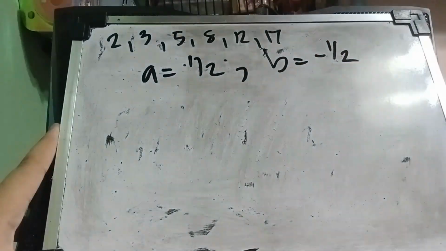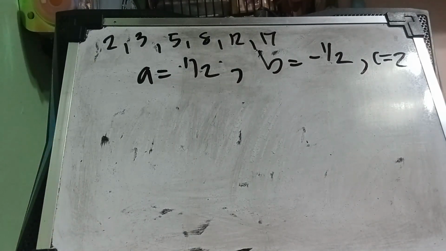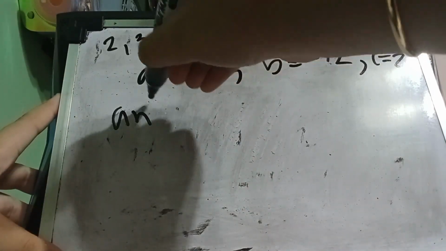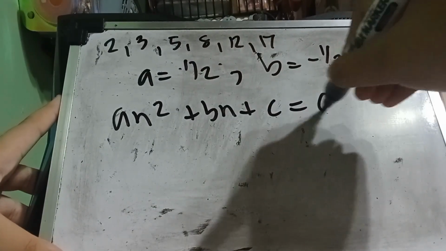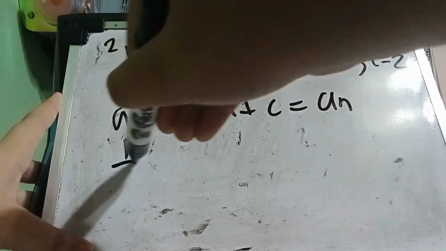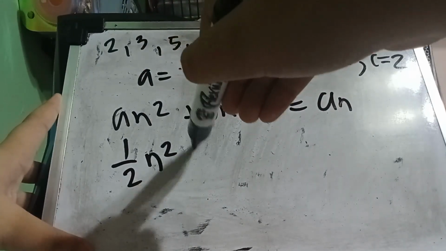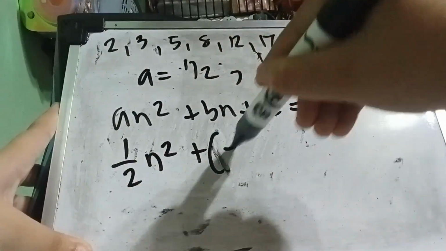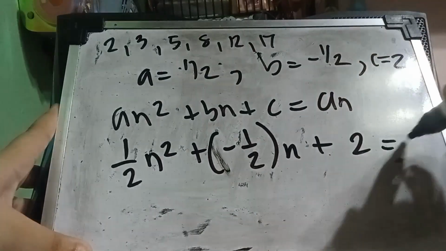Now, if a is 1 half, b is negative 1 half, and c is equal to 2, we can now write our general term. Balik tayo sa pinakauna: a n squared plus b n plus c is equal to a sub n. Substitute natin yung values: 1 half n squared plus negative 1 half n plus 2 is equal to a sub n.